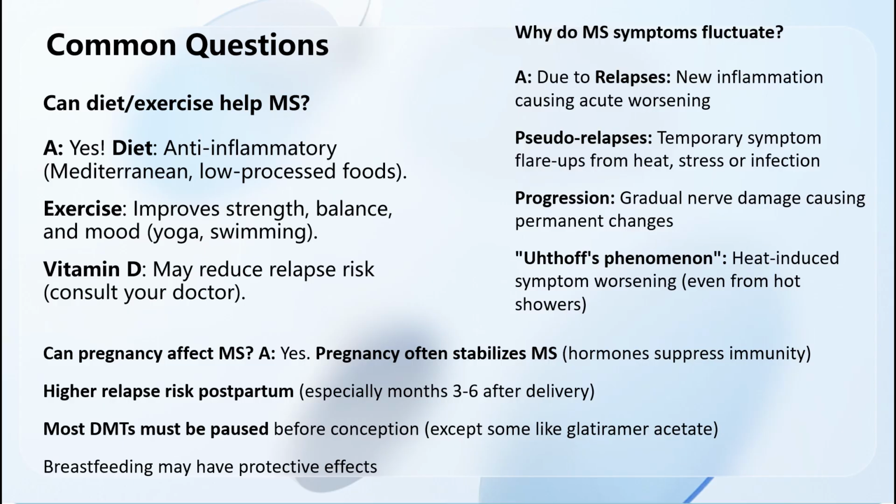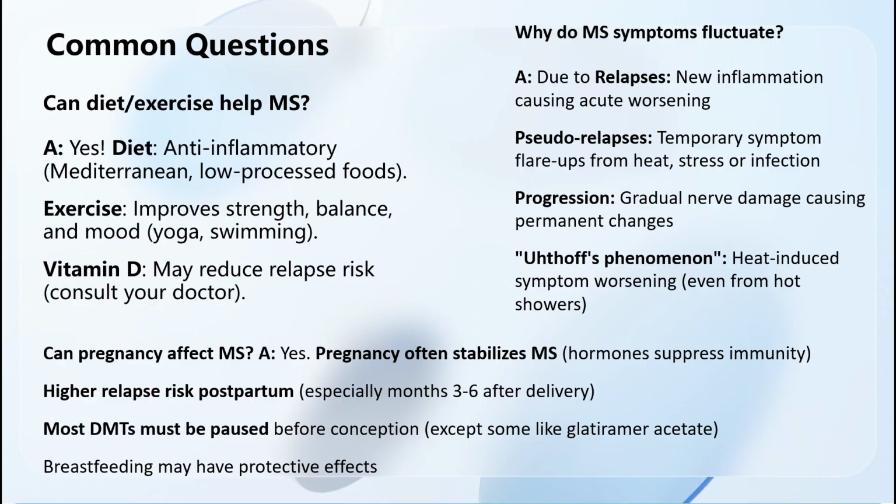As this is not a live presentation, I am guessing there might be some common questions, so a few are listed here. First is, can diet or exercise help multiple sclerosis patients? The answer is yes.